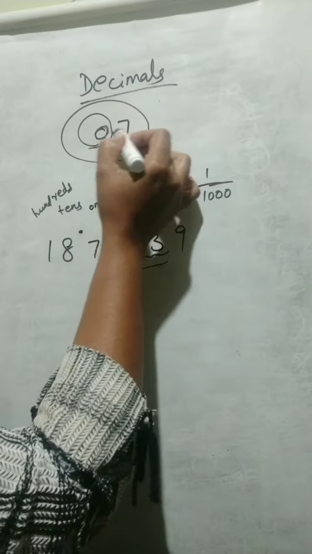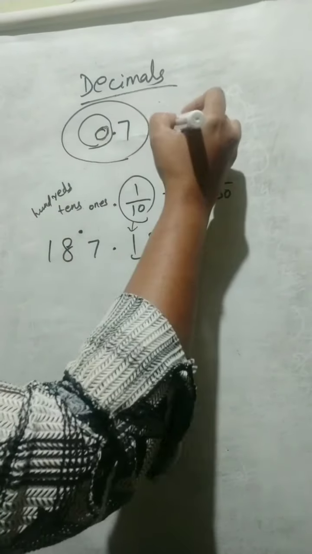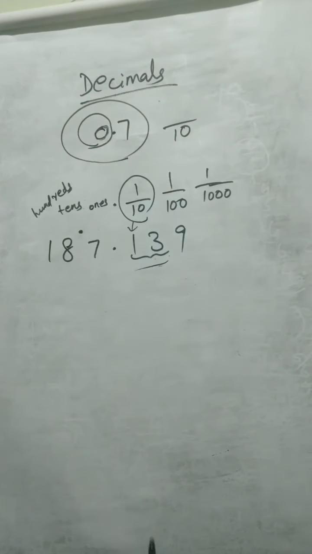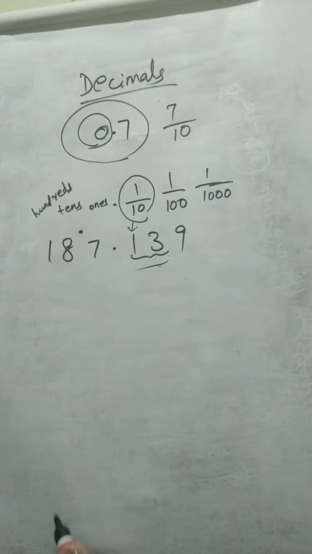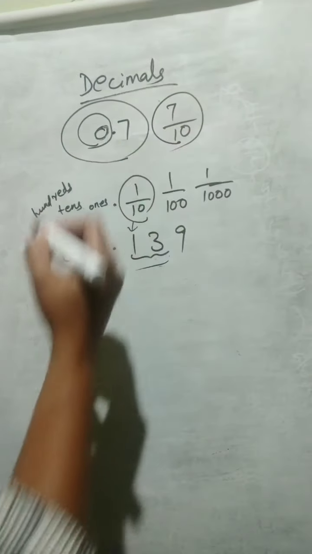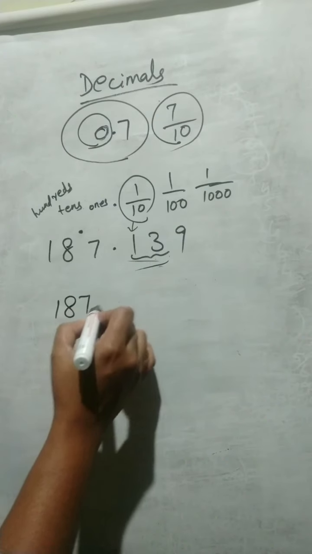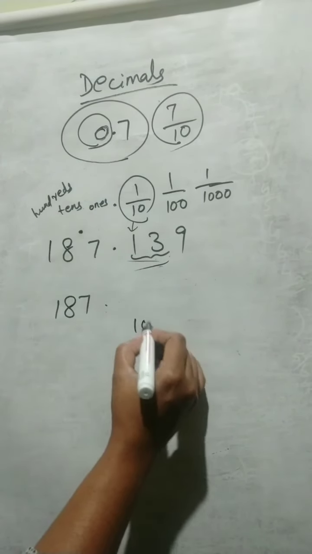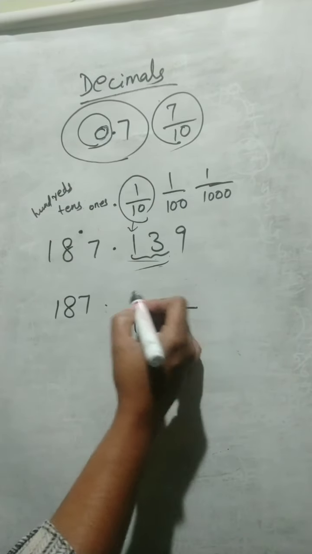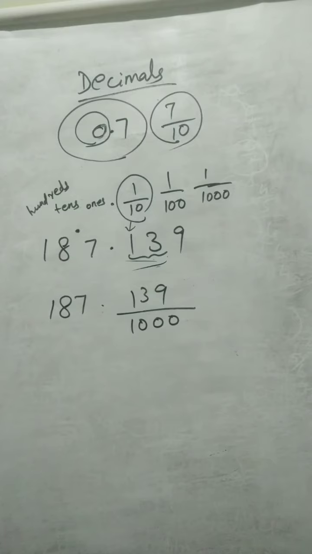That means for 0.7, an object is cut into 10 pieces, and among these 10 pieces we got only 7 pieces. That means we didn't get a full piece. But here we can say, I got 187 whole pieces, and one cake cut into 1000 pieces, among these 1000 pieces I got 139 pieces. Clear?